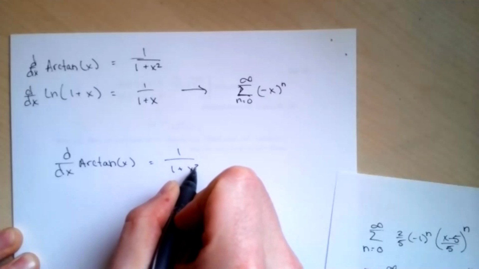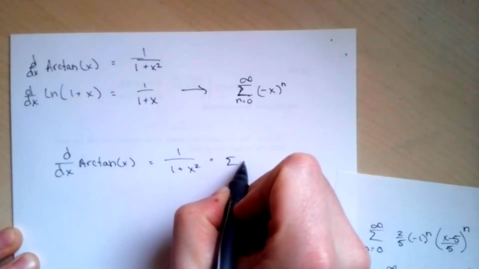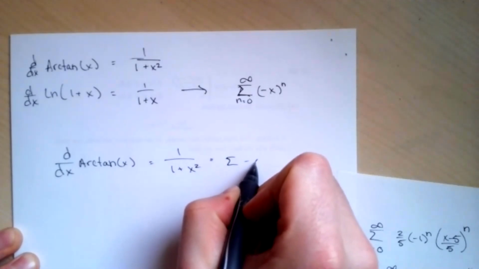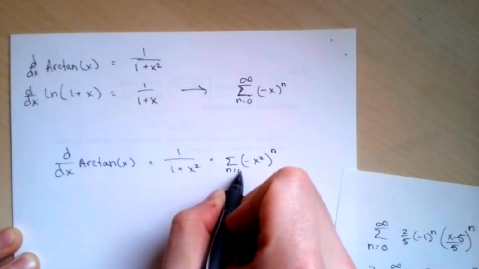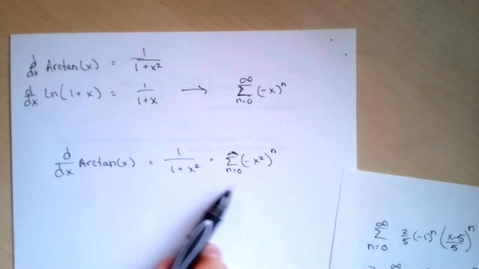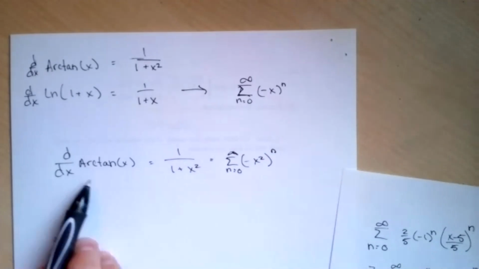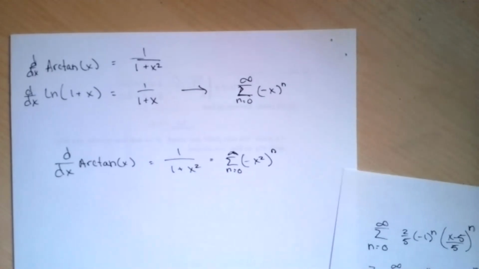Yeah. Okay, and then I guess that does make sense that those are equal. So you could simplify that a little bit if you want, and then integrate that side and integrate that side. And so we get the formula for arctan by integrating that power series.